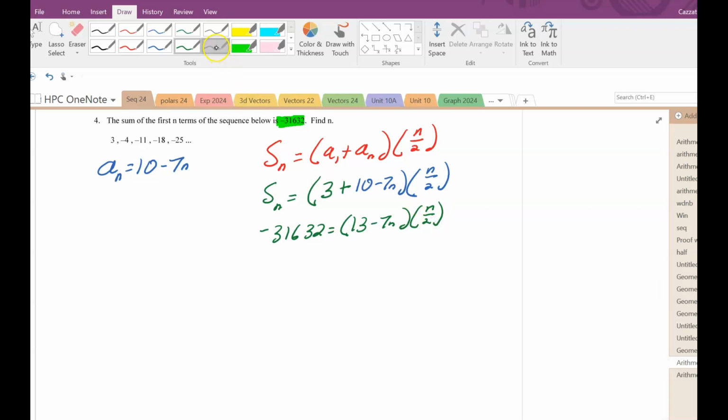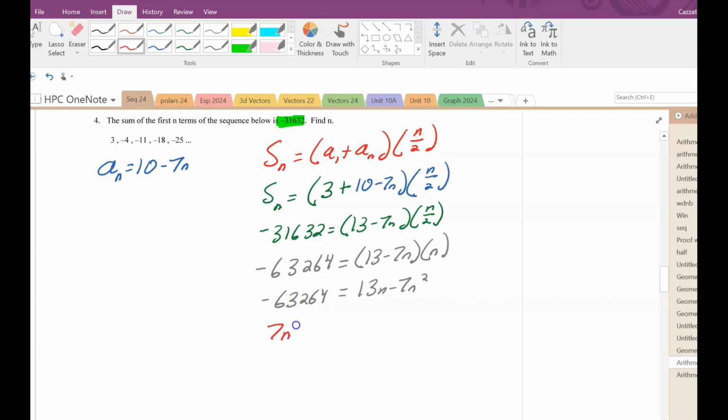I'm going to multiply both sides by 2. So negative 63264 is equal to (13 minus 7n) times n. I'm going to distribute, so 13n minus 7n squared. And now this is a quadratic, so I'm going to set it equal to 0, so 7n squared minus 13n minus 63264 is equal to 0. Then I'm going to use the quadratic formula.